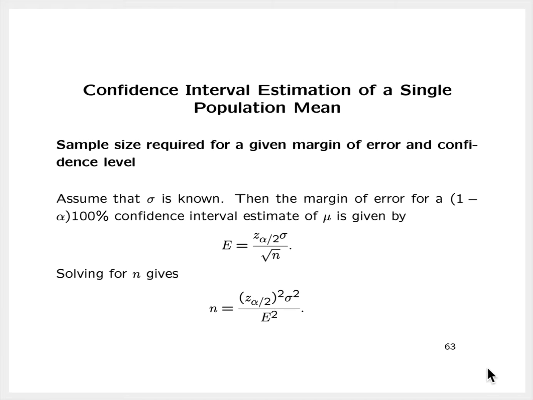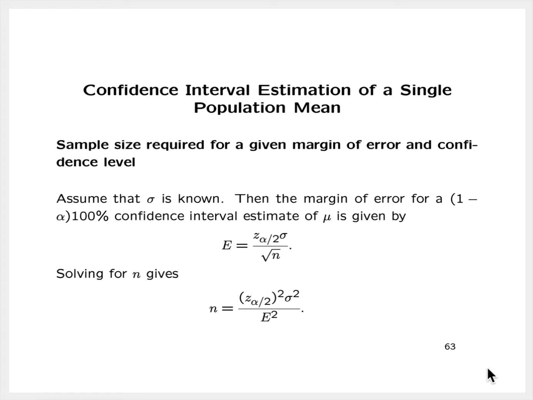It's not precise enough. Well, if we want more precision, we would have to sacrifice confidence for precision. We would have to decrease the confidence level from, say, 95% to perhaps 90% or maybe 80%. And by doing that, we would narrow the confidence interval, making it more precise.